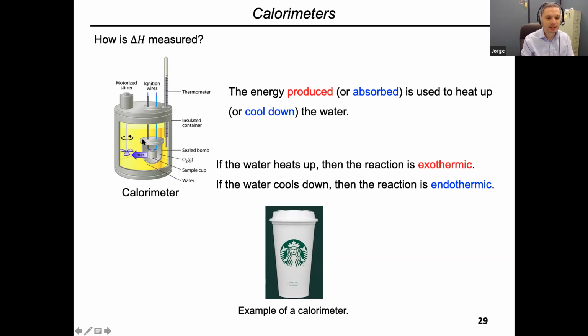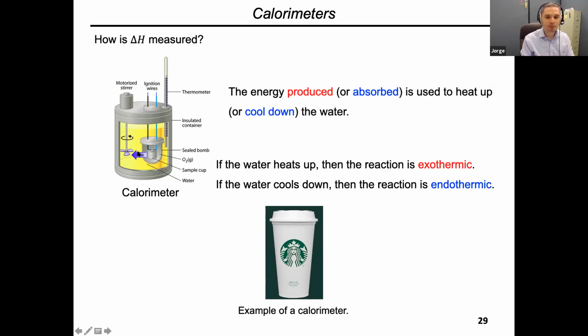Inside the water, there is a reaction chamber. This is all sealed and water cannot get in or out. Inside the reaction chamber is where we will place the reagents that will start the reaction. And there is also a thermometer to measure the change in temperature.